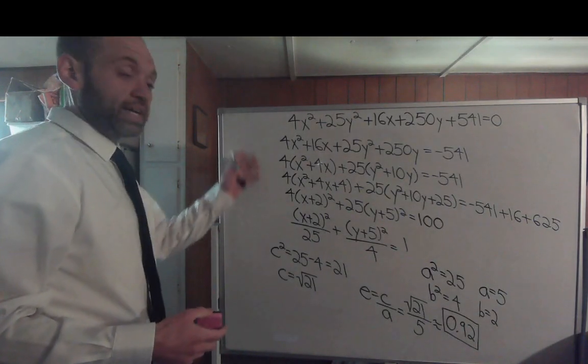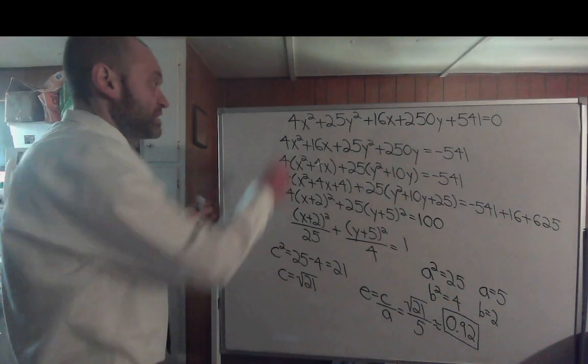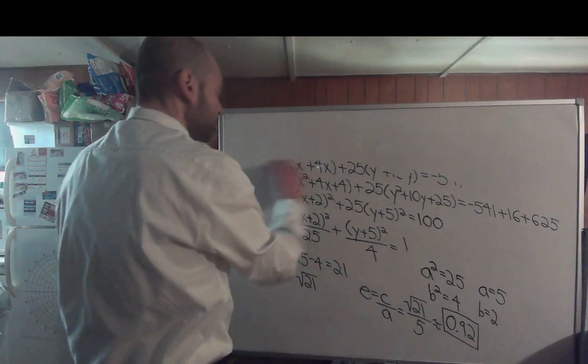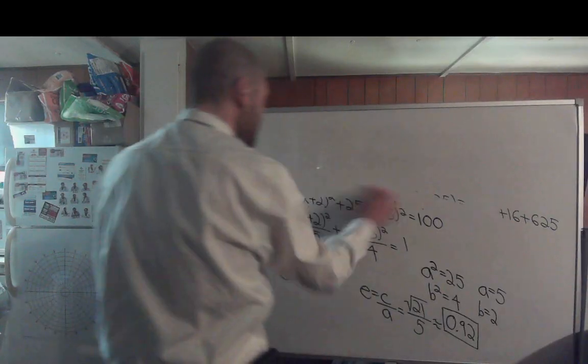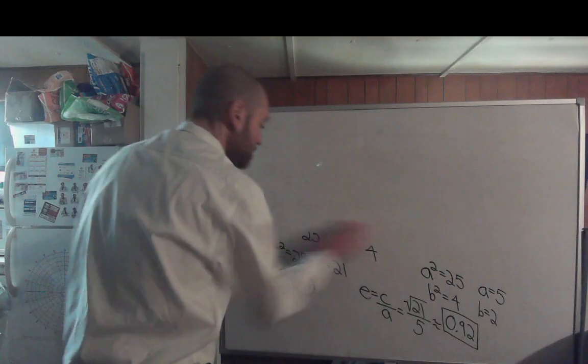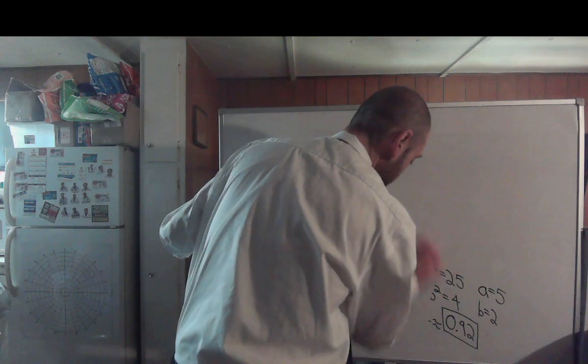Alright, so the last two I want to focus on are going to be hyperbolas for the last 2 exercises. So we talked earlier in the lesson how a hyperbola has an eccentricity greater than 1. Well, we'll show you how that works. So let's do some hyperbolas.